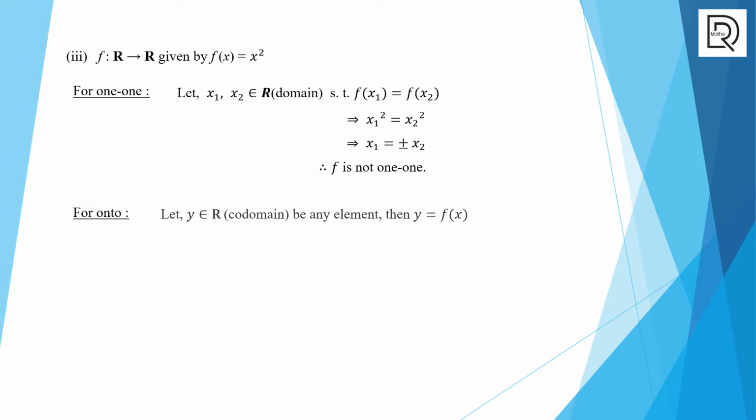Again, for onto, let y belong to R codomain be any element. Then we can write y equals f of x. So this implies y equals x square. So this implies x equals plus minus square root of y.